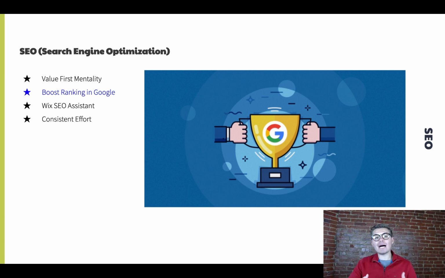Now SEO really boils down to a consistent effort within Google. Consistently posting content on your website, consistently making sure that your pages are updated, that the content is up to date. You want to make sure that you have a value-first mentality. What I mean by that is, yes, you've got a print-on-demand store. Your goal is to generate sales. But make sure your website is filled with valuable information.